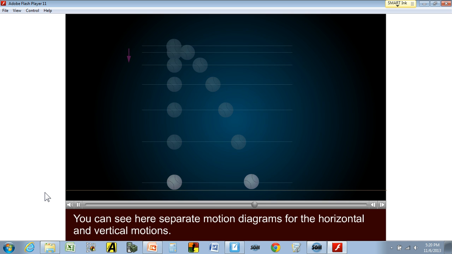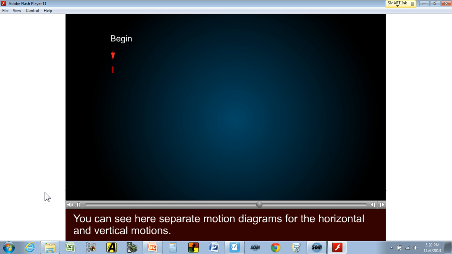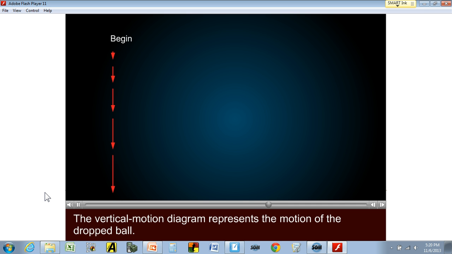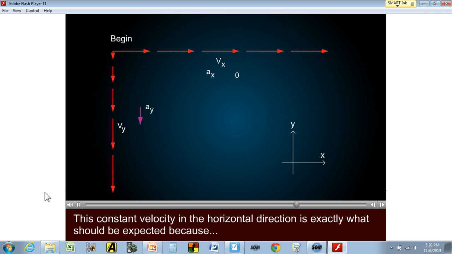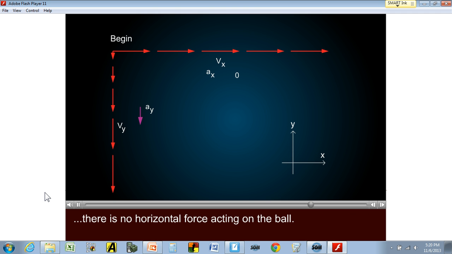You can see here separate motion diagrams for the horizontal and vertical motions. The vertical motion diagram represents the motion of the dropped ball. The horizontal motion diagram shows the constant velocity in the x direction of the launched ball. This constant velocity in the horizontal direction is exactly what should be expected because there is no horizontal force acting on the ball.